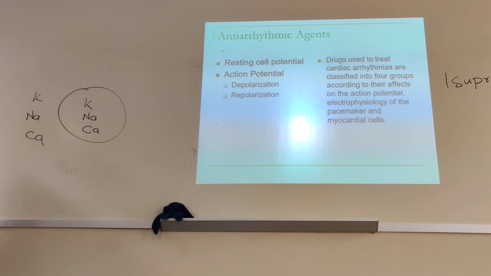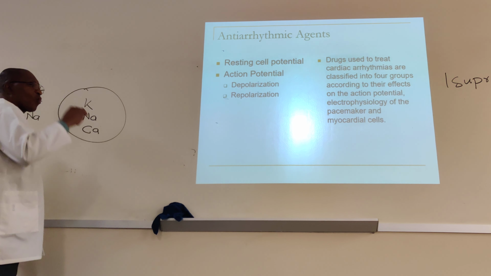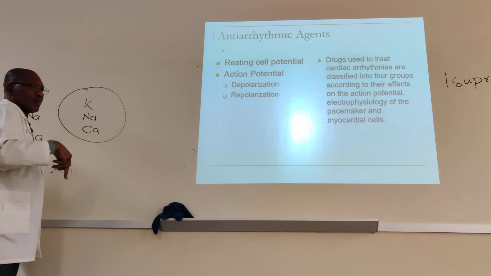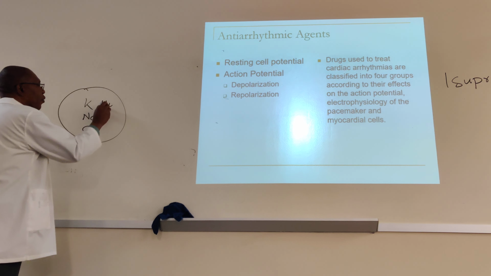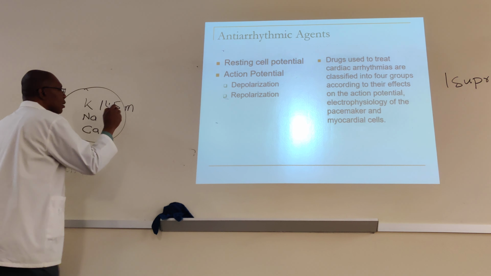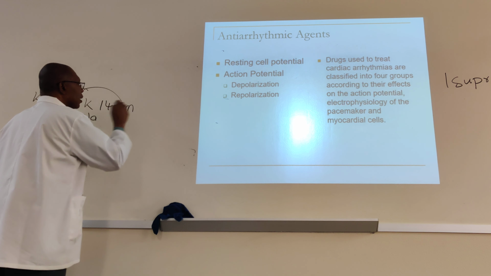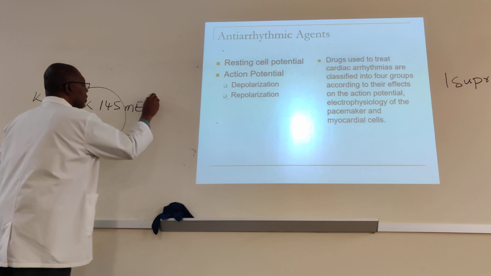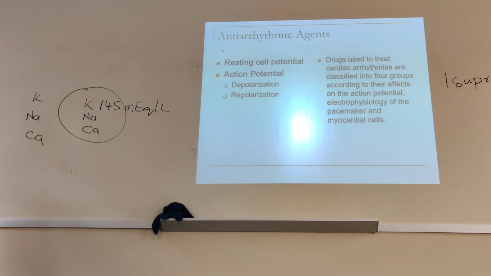Now if you look closer, you have more potassium on the inside, about 145 milliequivalents per liter. That's the unit for electrolytes. And then on the outside, you don't have enough potassium, about 5.